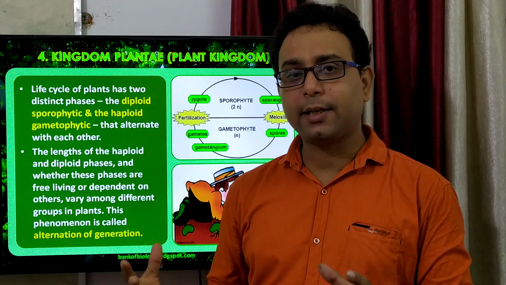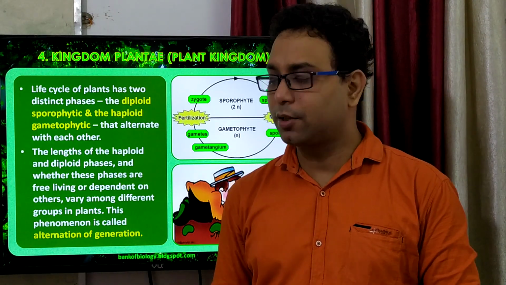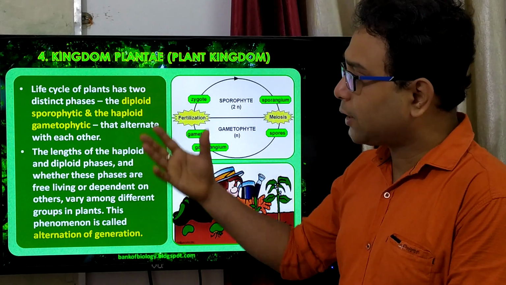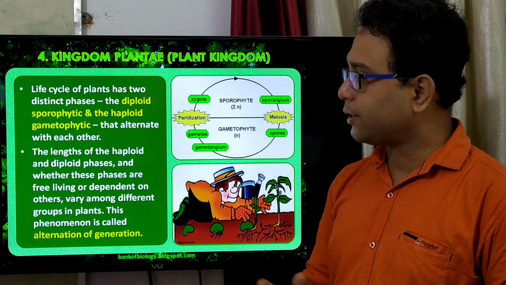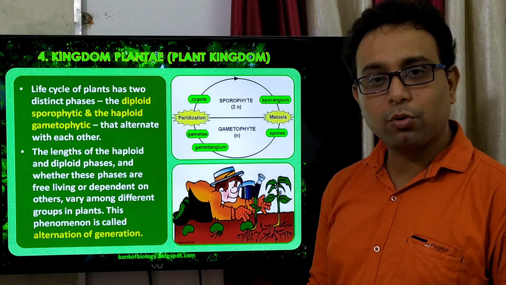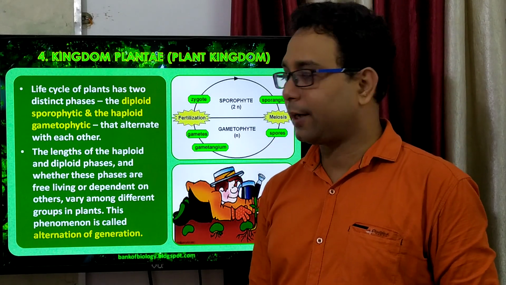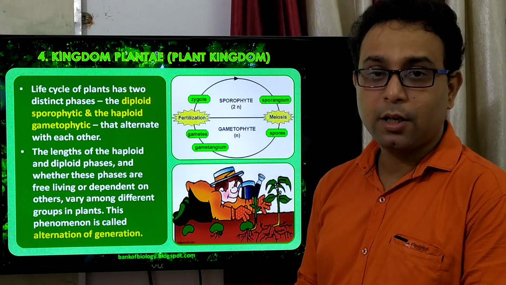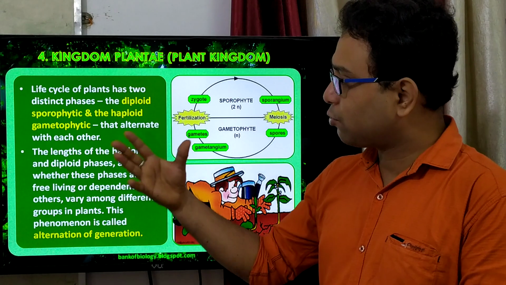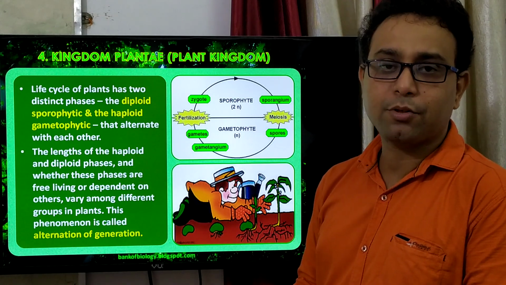Now the life cycle in plants is very important and also very interesting, because they have 2 distinct phases. One is the diploid phase, that is the sporophytic phase. On the other hand, the gametophytic phase is the haploid phase. In their life, these 2 phases alternately come one after the other.